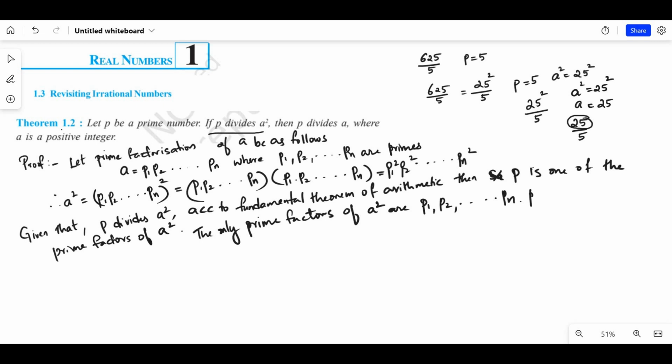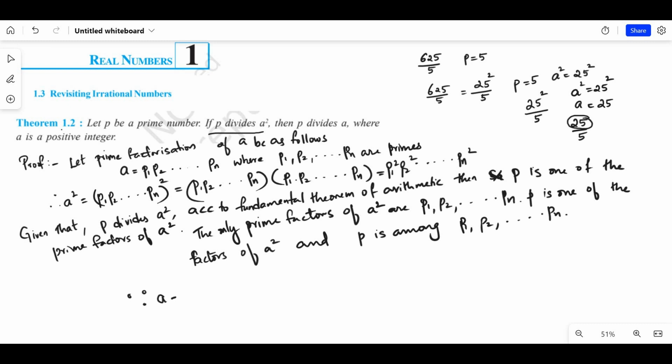And we can say P is one of the prime factors of A square and P is among P1, P2, etc. Pn.